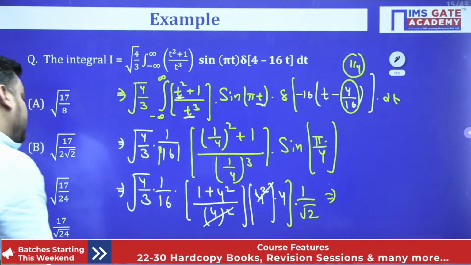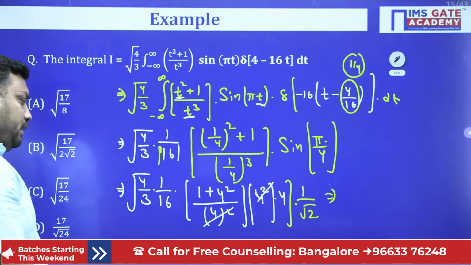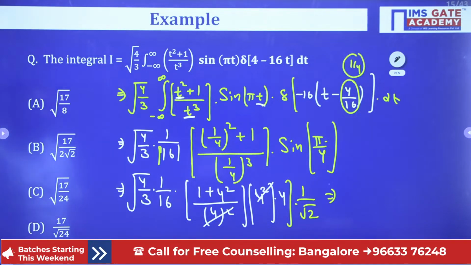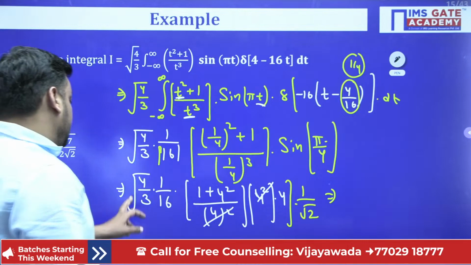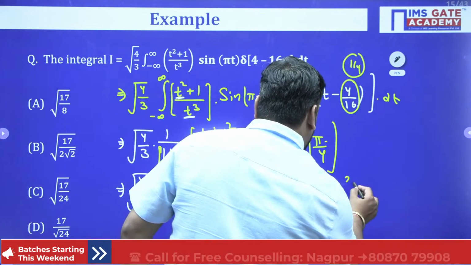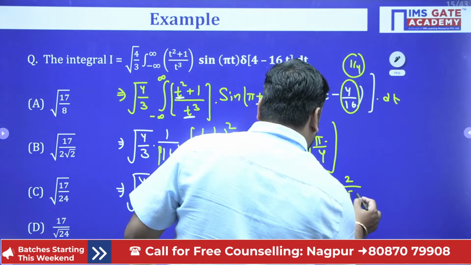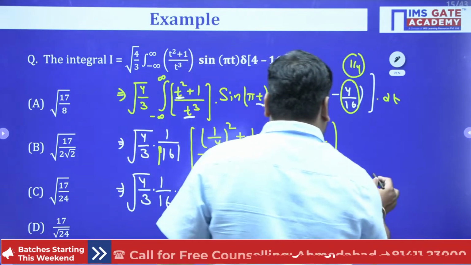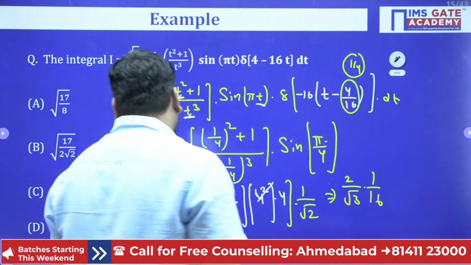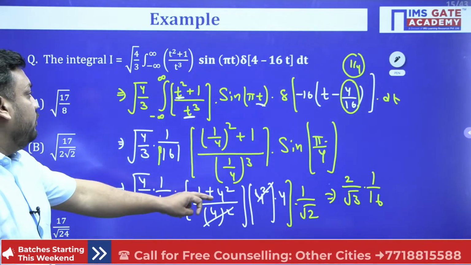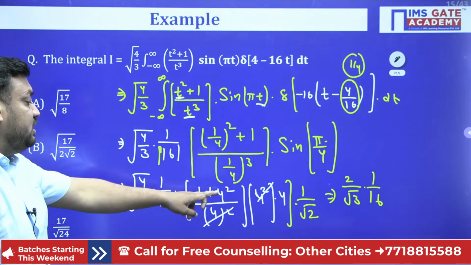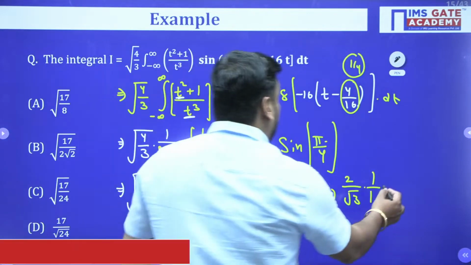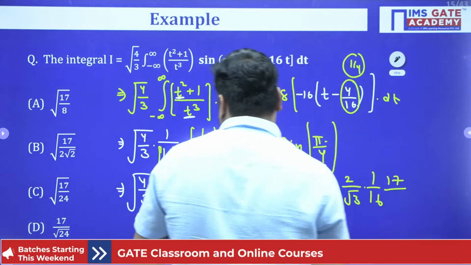So just simplify this and tell me what you will get here. Ultimately I can write the answer like this: 1 by 16 is already outside. When you take the LCM, 4 whole square is 16, plus 1, so 17 you will get in the numerator.